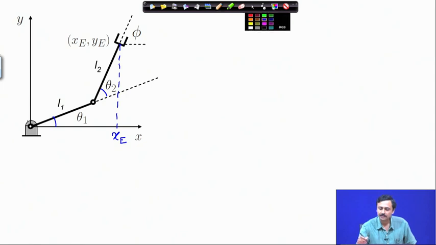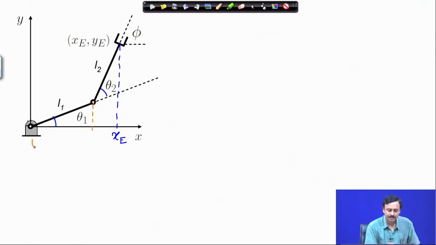Now, that you can very easily see is this distance plus this distance.